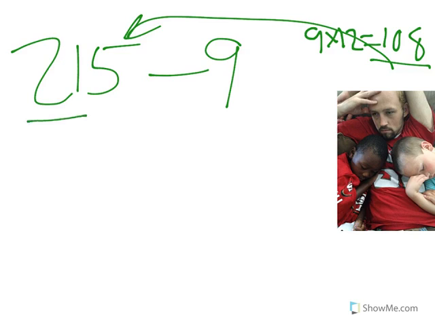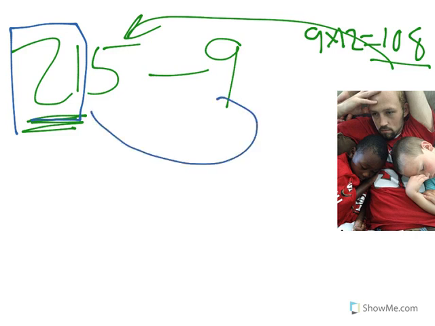So here is the key here. I'm looking at the first two numbers, which is 21. So we're going to look at this 21, and we're going to say 9 times what is closest to 21, and I don't care if I go over or under at this point. So 9 times, we know 9 times 1 is 9, so that's not going to work.